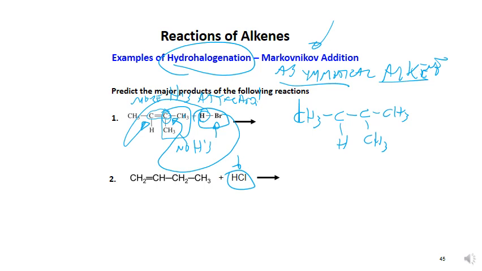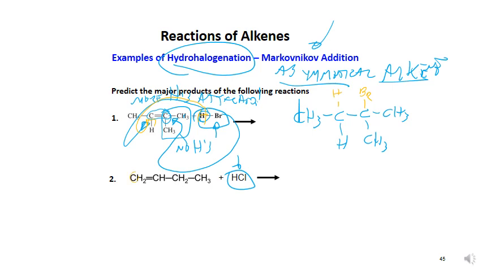And stick a different color in. Since the H is going to go on the one with the more carbons, we're going to stick the H here, which means the Br has to go here. That's the main product. Got it?